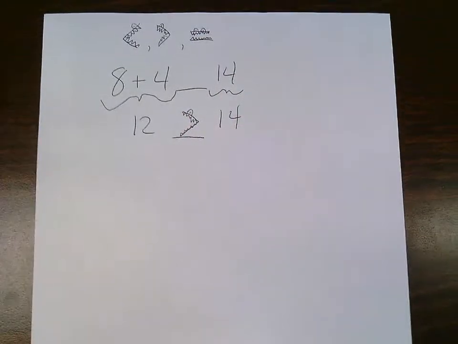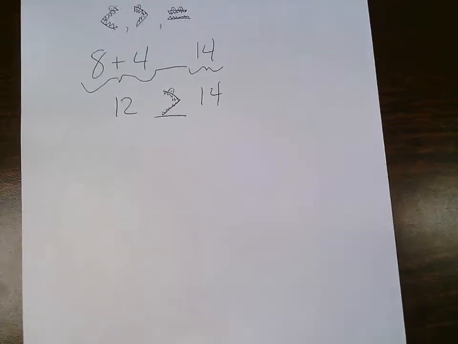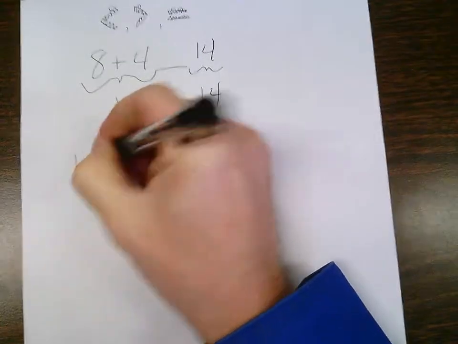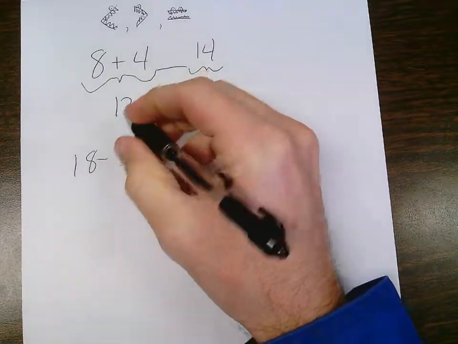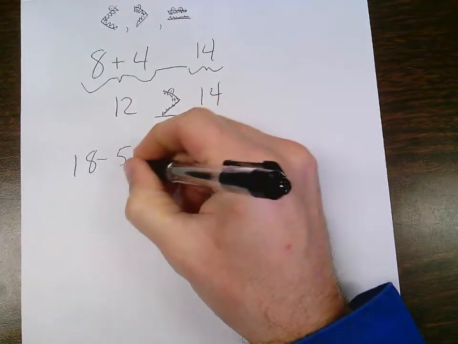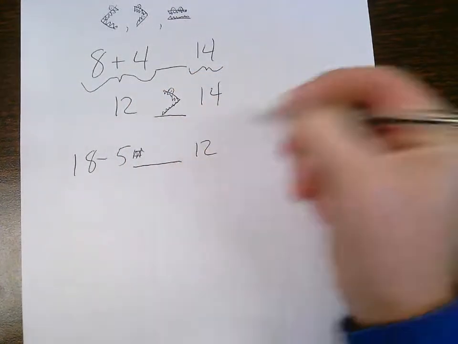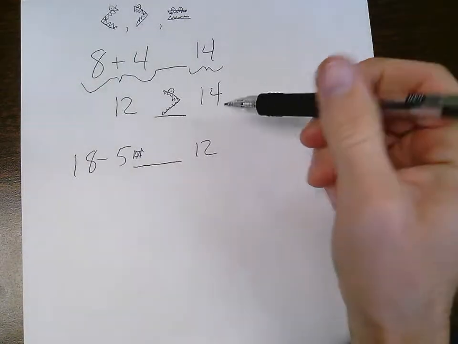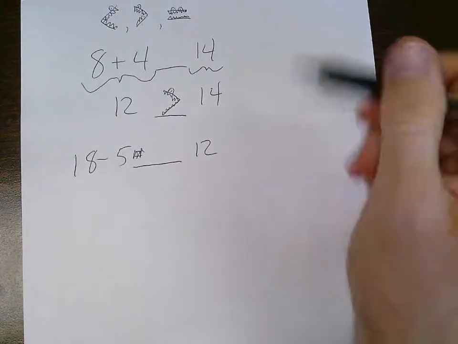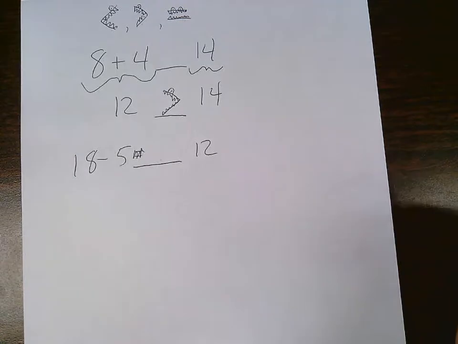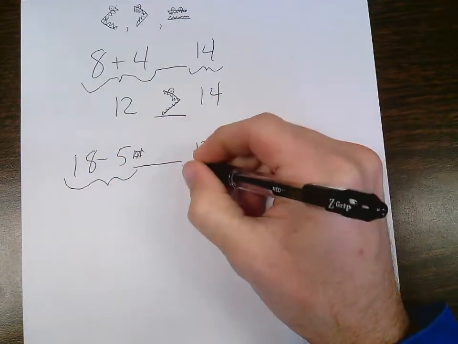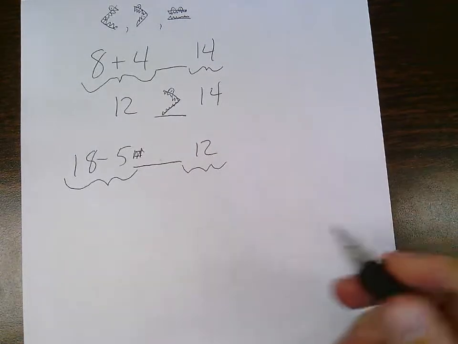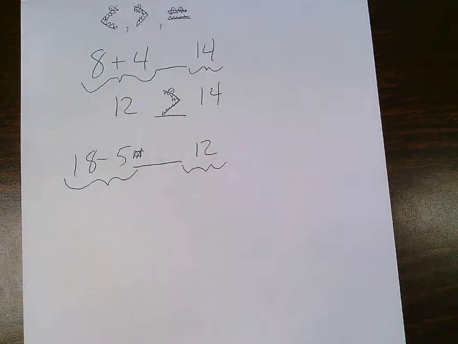And next one. 18 minus 5 something 12. Once again, all problems have to have an alligator, so I know that this has to be an alligator. The alligator splits the problem apart, so I divide the problem apart, and I simplify each side.